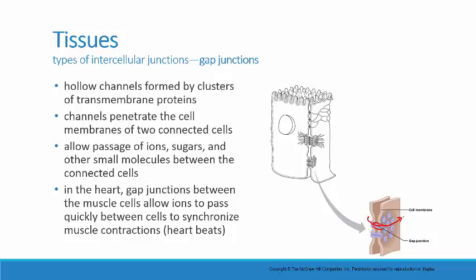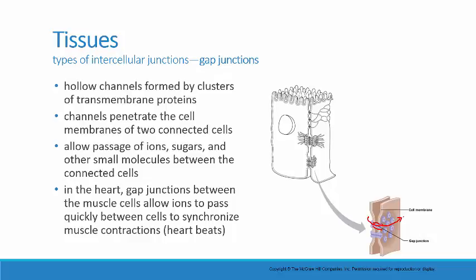For instance, in the heart, the signal for a heart muscle cell to contract is passed very rapidly from one heart muscle cell to the next heart muscle cell. And this allows for very rapid communication and synchronization, that is, contraction together, so contracting at the same time.